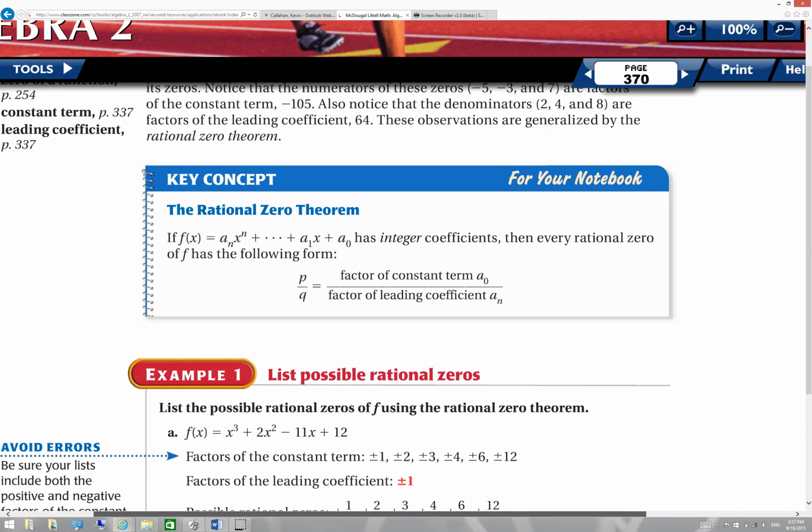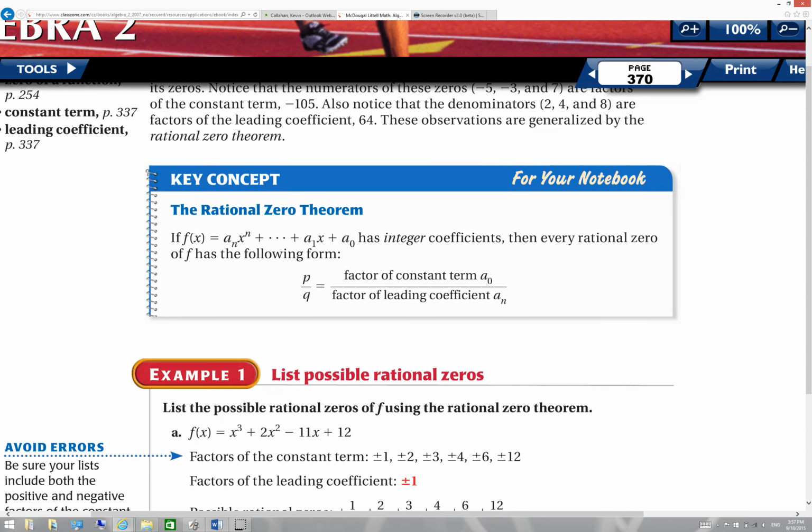Okay, there we go. The rational zero theorem says that the possible zeros that are rational numbers, that means they can be written as fractions, has to be a factor of the last number divided by the first number. The last number is a constant. It's 12. There's no variable.